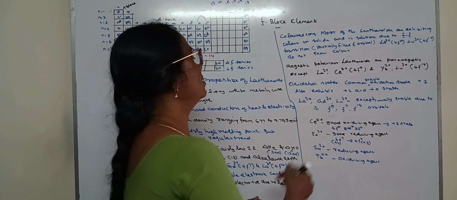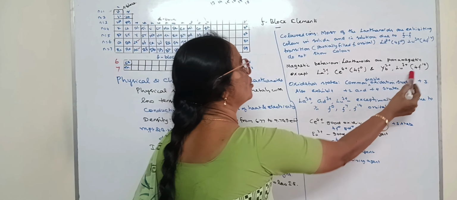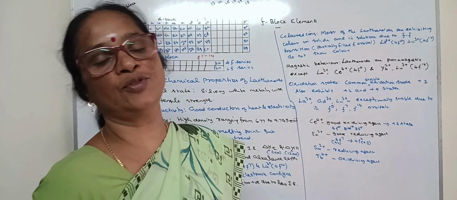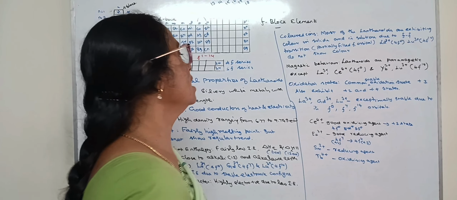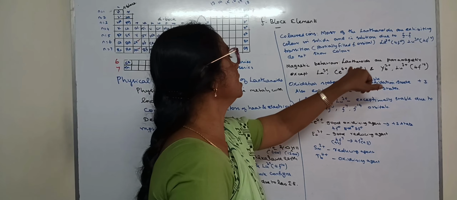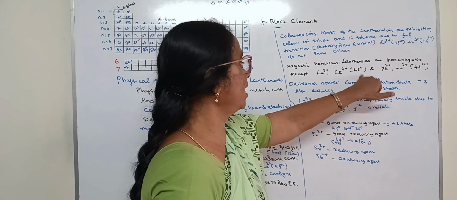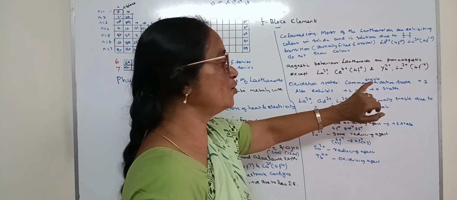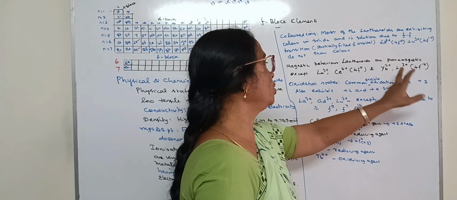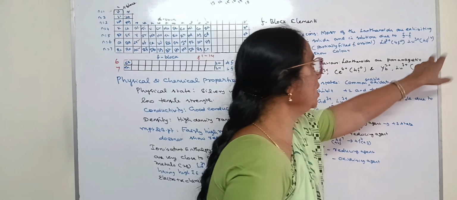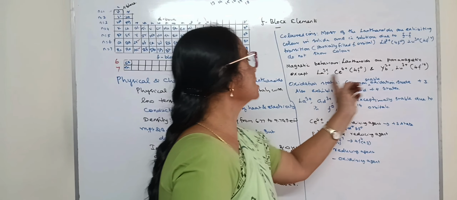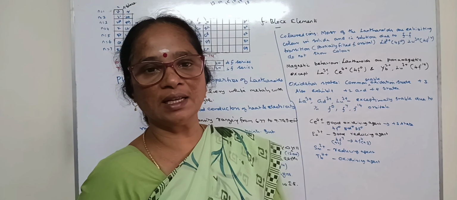But the elements which have an empty 4f orbital or fully filled 4f orbital exhibit diamagnetic character. For example, lanthanum 3+ and cerium 4+ have a vacant 4f orbital, and ytterbium 2+ and lutetium 3+ possess a fully filled 4f orbital. So these ions are diamagnetic in nature.